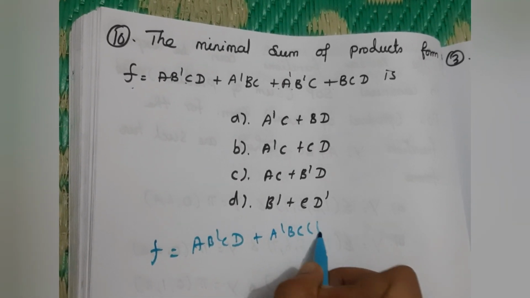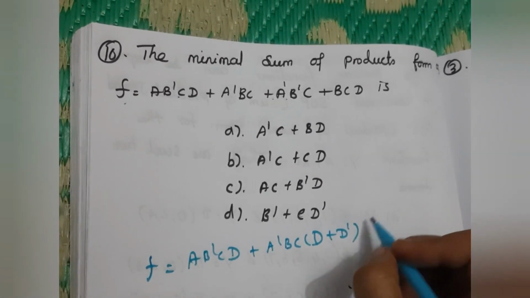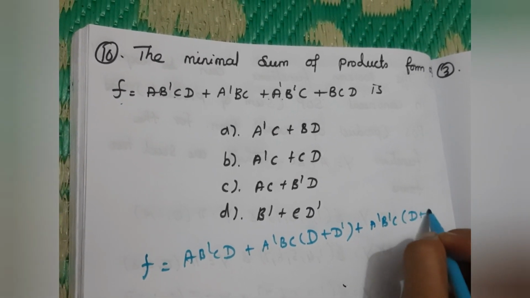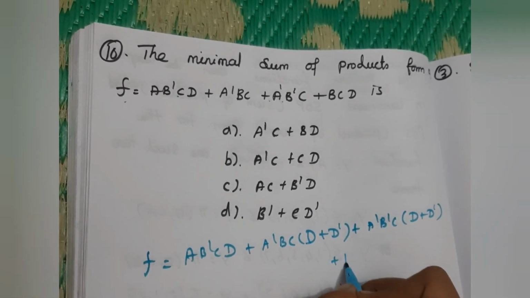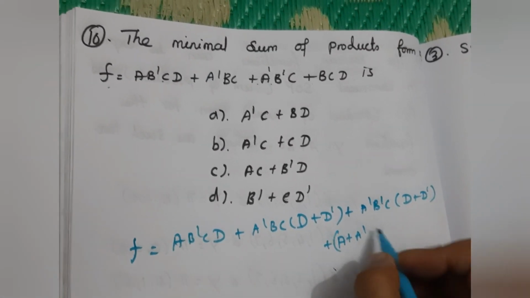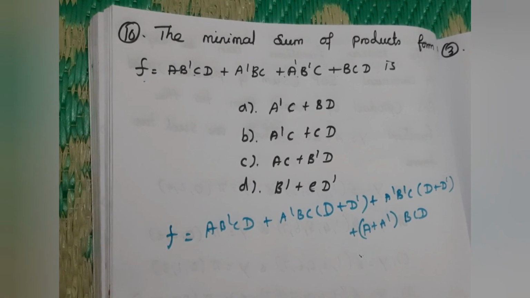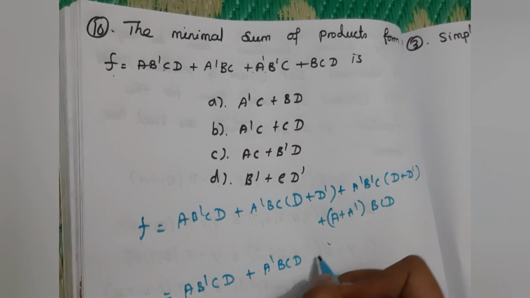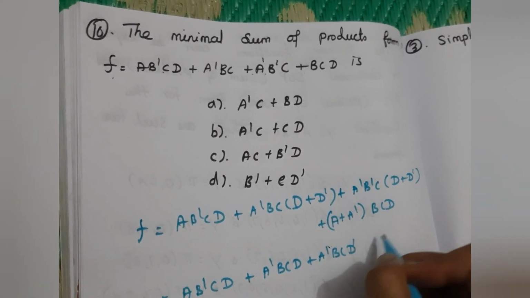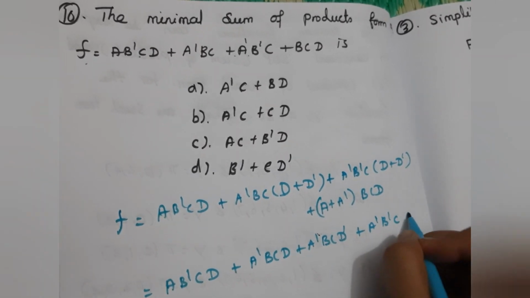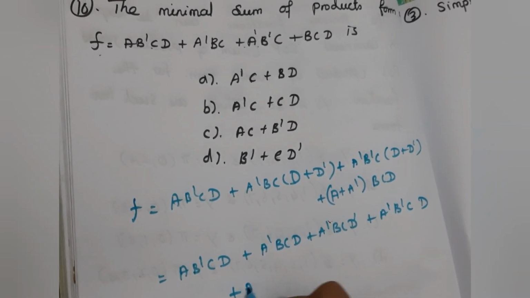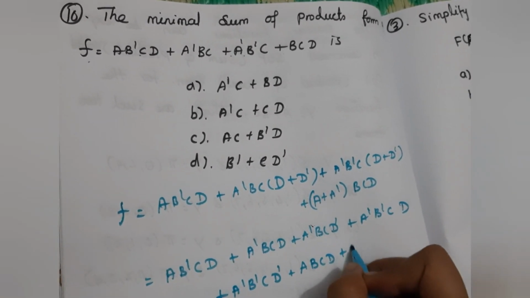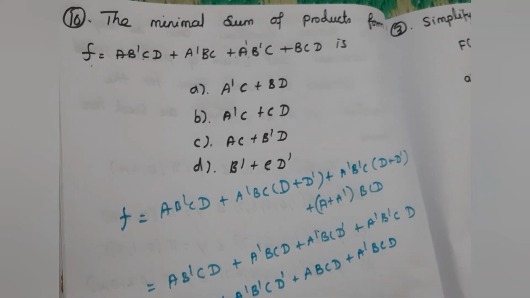Here D is missing, so D plus D bar, and in the next term also D is missing, so D plus D bar, and in the next term A is missing, so A plus A bar into B C D. So expand all: A B bar C D plus A bar B C D plus A bar B C D bar plus A bar B bar C D plus A bar B bar C D bar plus A B C D plus A bar B C D.